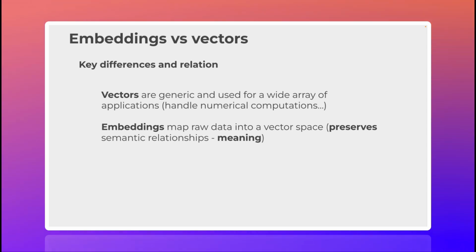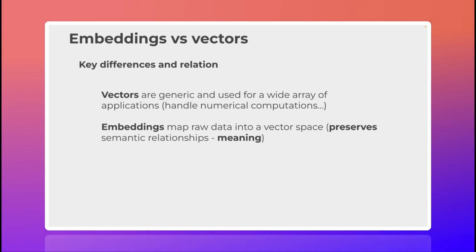Whereas when we talk about embeddings, we are talking about a data structure that allows the mapping of raw data into a vector space. But most importantly, embeddings also preserve or attach semantic relationships to the actual vectors.